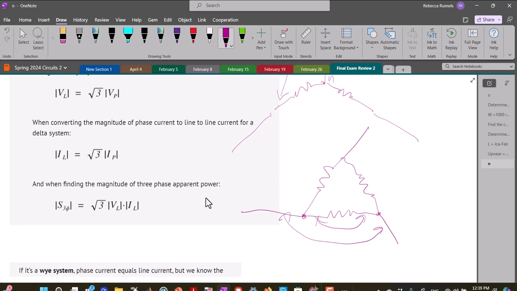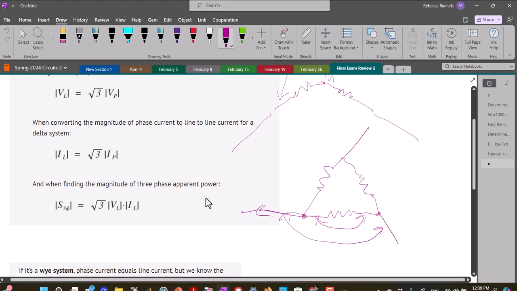But your line current is going to be different from your phase current, because if you look at the line current, the line going this way, if I had the phase current is the current here, and it gets here, and some can go this direction and some can go this direction.